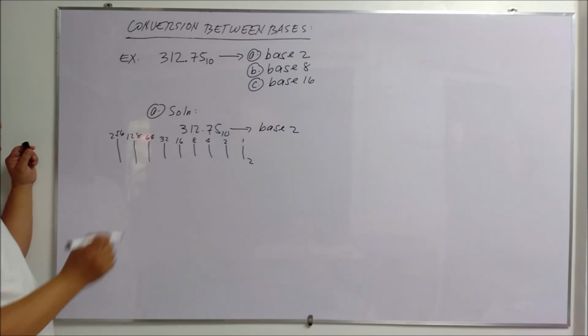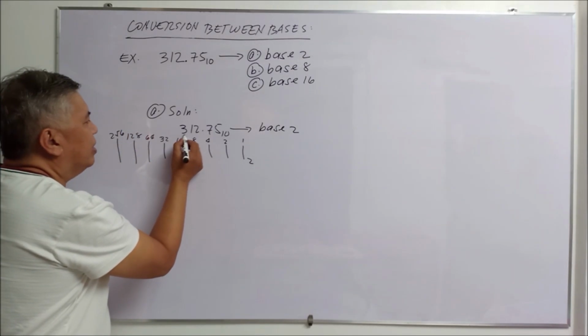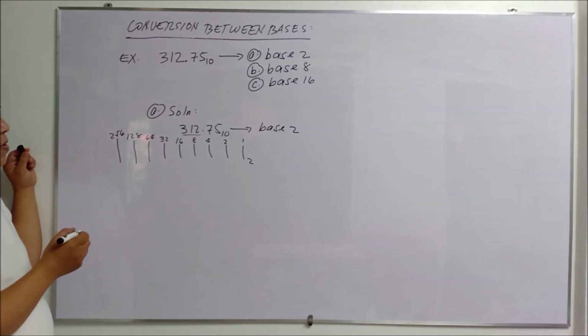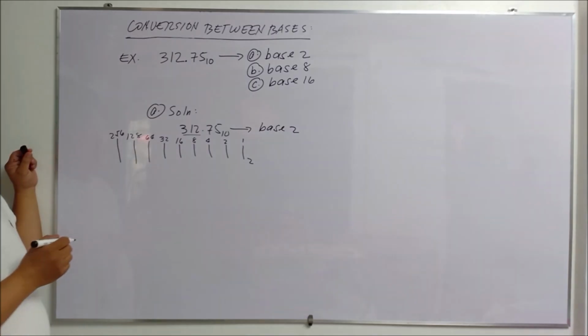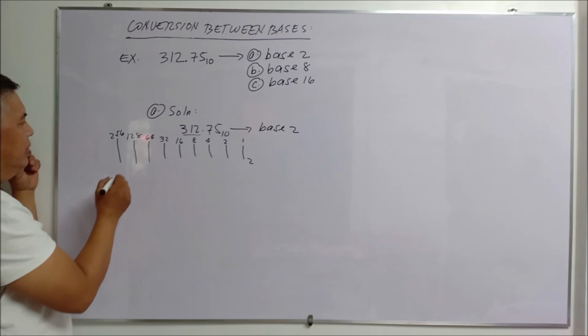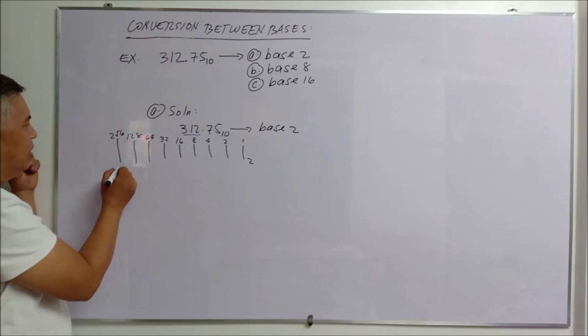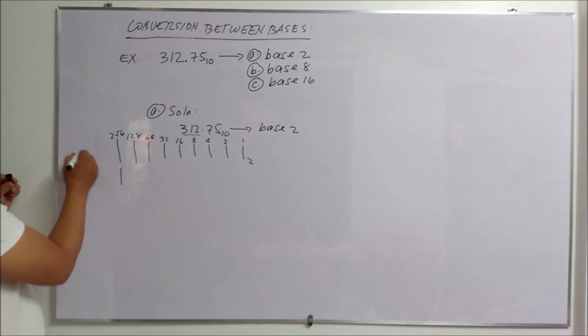And then again, you find numbers here that, once you add them, are equivalent to 312. So 256 is less than 312, so we will make this 1. So you have already 256.